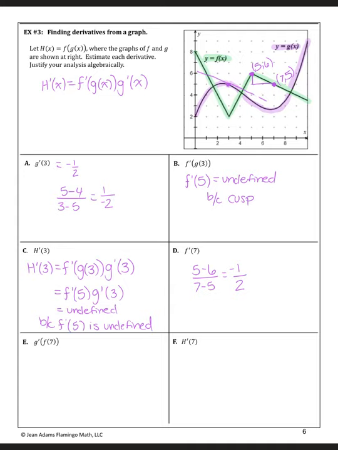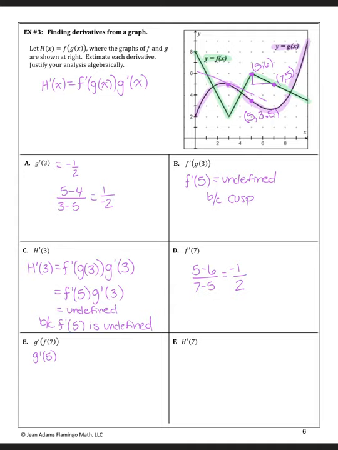So now let's look at g prime of f of 7. So f of 7 is going to be 5, so then we would have g prime of 5. If you look on your graph of g, I'd say that that coordinate point right there is probably 5 and 3.5. So you can use your slope formula to estimate this derivative.